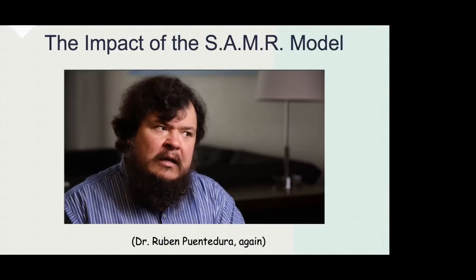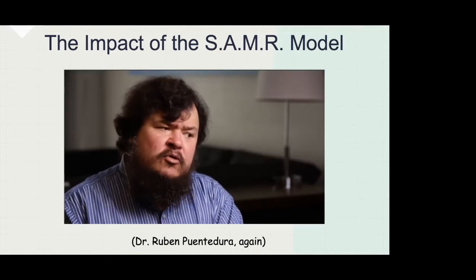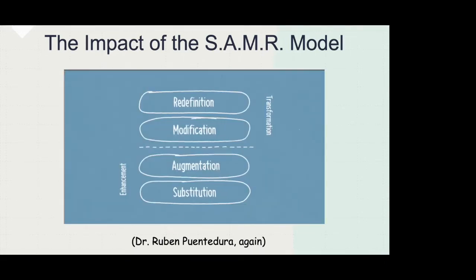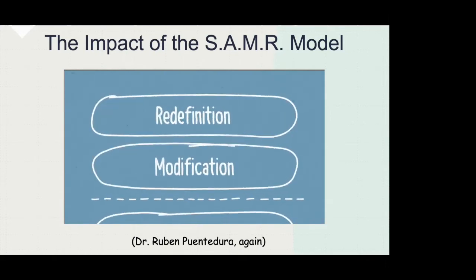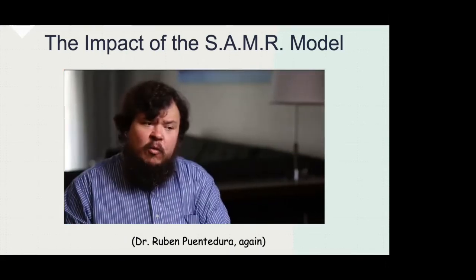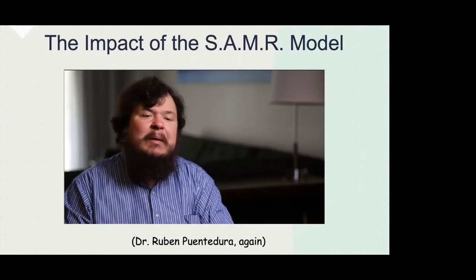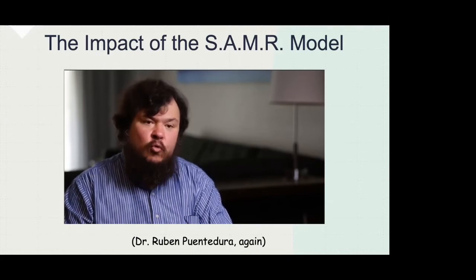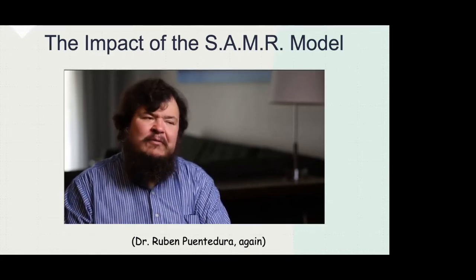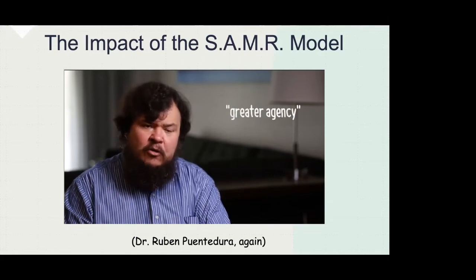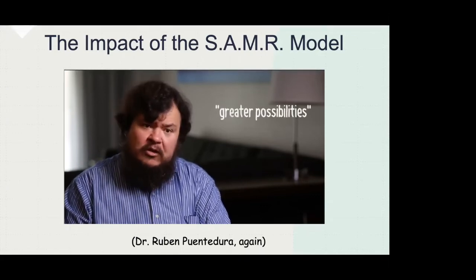But there's, to my mind at least, even more interesting outcomes in as much as working at the upper levels of SAMR, modification and redefinition, tends to be associated with greater gains by students in comprehension, but not just, well, can they remember facts for an exam, but what can they do with what they've learned? What gives them greater agency, greater possibilities for using their knowledge.